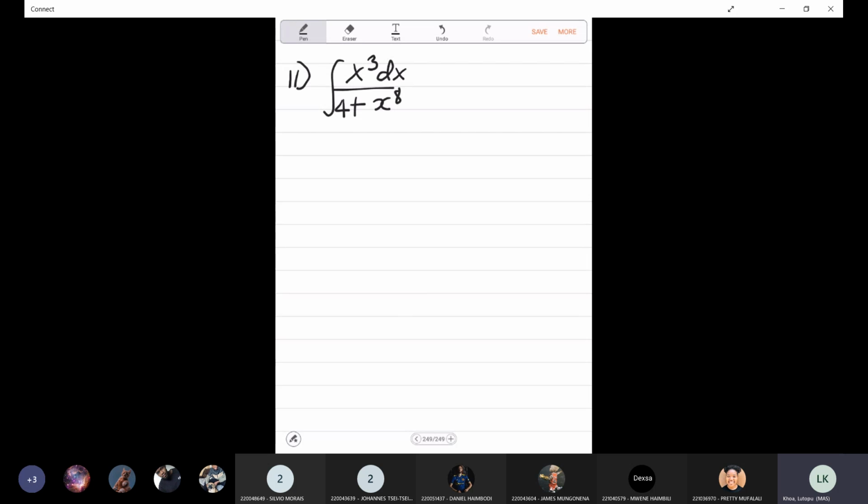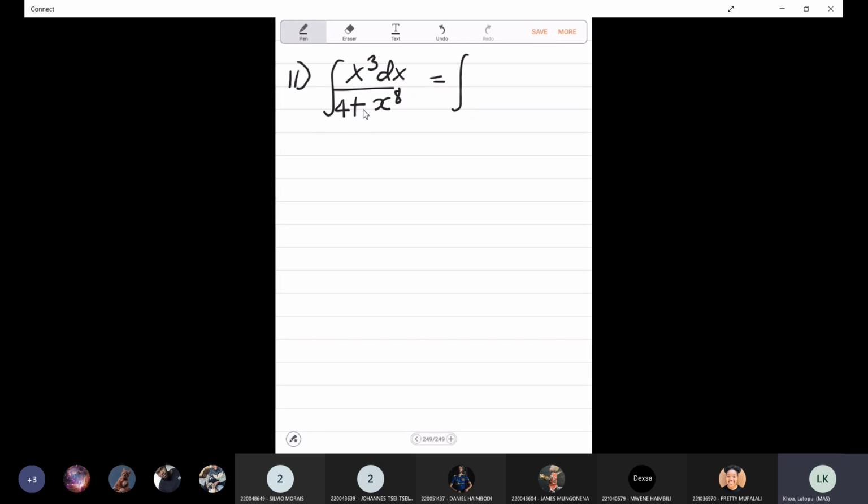Let me check if I copied this question correctly. Okay. Right, so the way we do this one, again, we want 1 plus something to the power of 2 over here. So this 4 here, we have to factor it out.